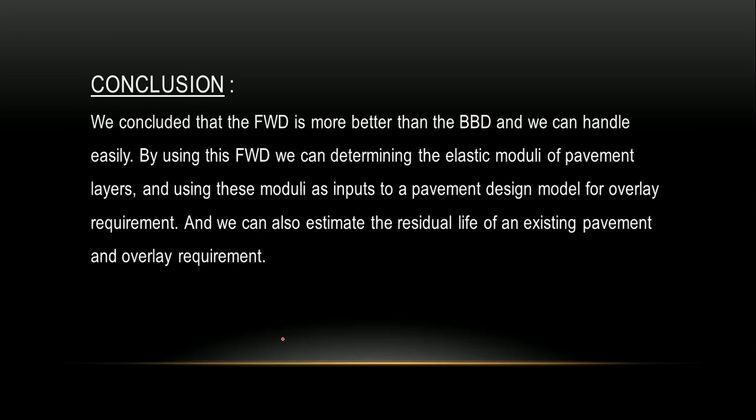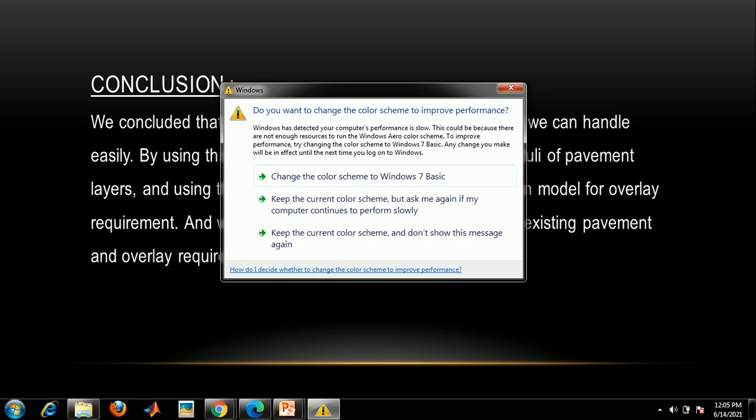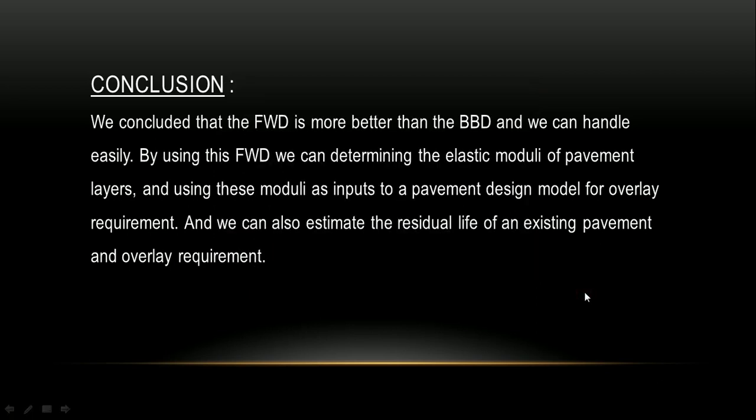What we can conclude by comparing the falling weight deflectometer with the Benkelman beam test is that the falling weight deflectometer is easier, and we can determine the elastic modulus of the pavement layers. In BBD we do not get the elastic modulus of the different layers, but using the falling weight deflectometer we can, and using those elastic moduli we can decide the overlay requirement.